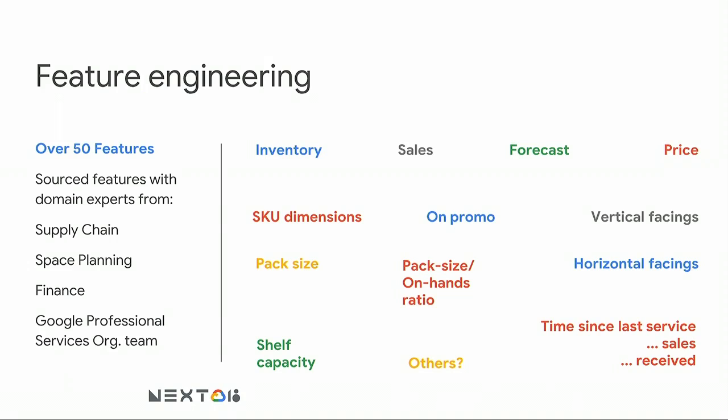First of all, the features here are sourced from talking to different domain experts within supply chain, space planning, finance, within the Home Depot organization. This is where the cross-functional support we've got comes in, for building all these features and making sure the data we need is available for us. Also, a shout out to the Google Professional Services team.